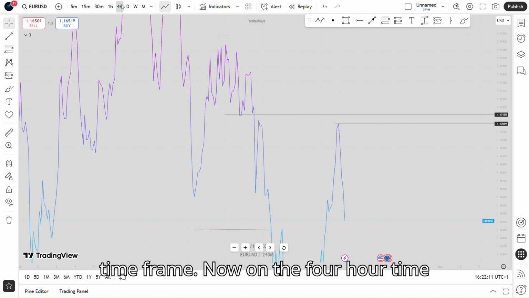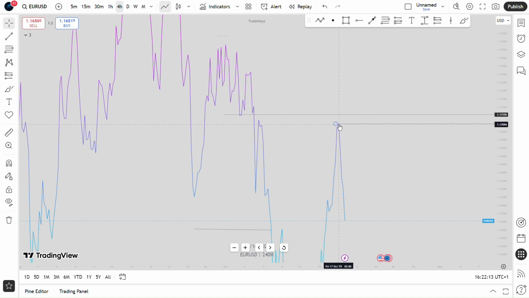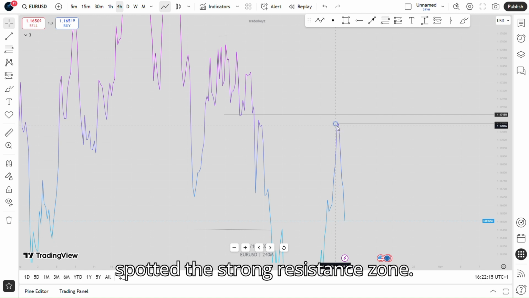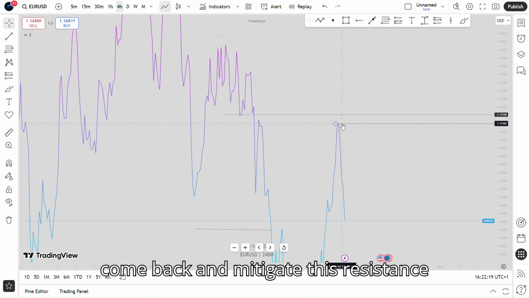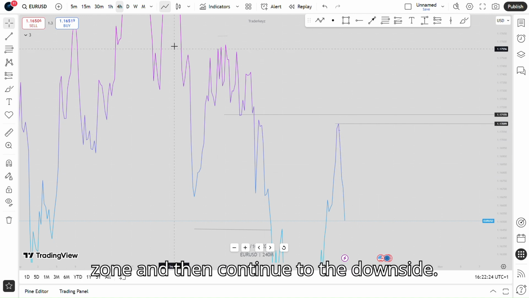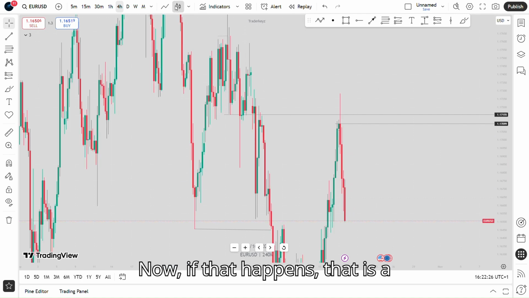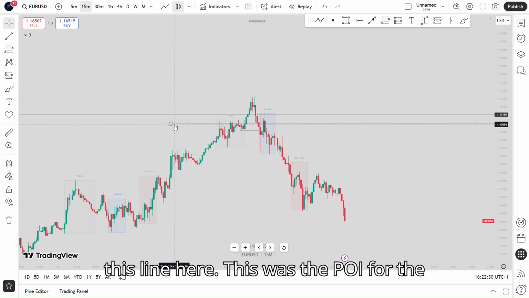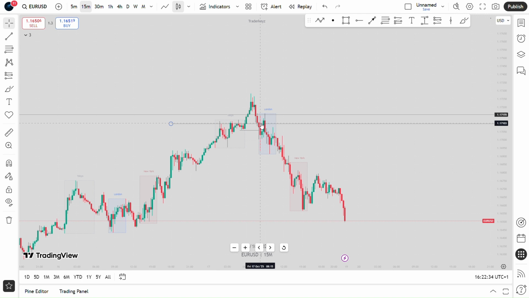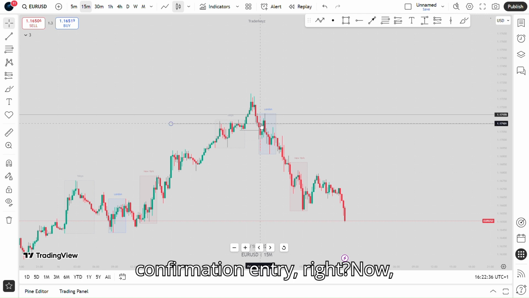Now on the 4-hour time frame here, we spotted this strong resistance zone, which was here. Now price is expected to come back and mitigate this resistance zone and then continue to the downside. Now if that happens, that is a win-win for us, which actually was this line here. This was the POI for the 4-hour zone, which was the confirmation entry, right?